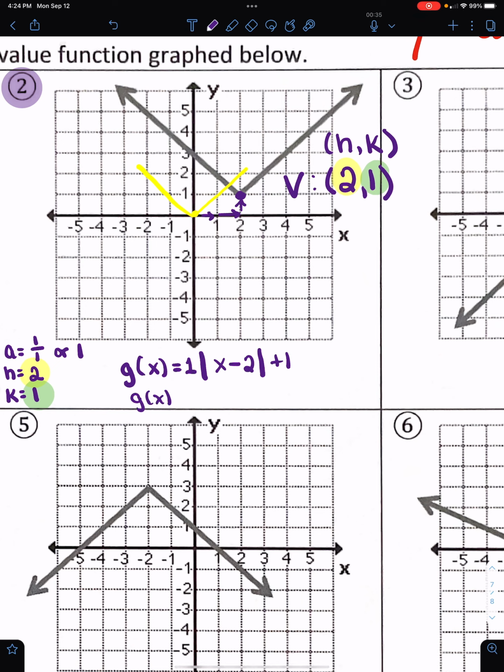So g of x is equal to absolute value of x minus 2 plus 1. I don't need to write this 1 in right up front because anything times 1 is always itself. Okay? All right, so that is number 2.